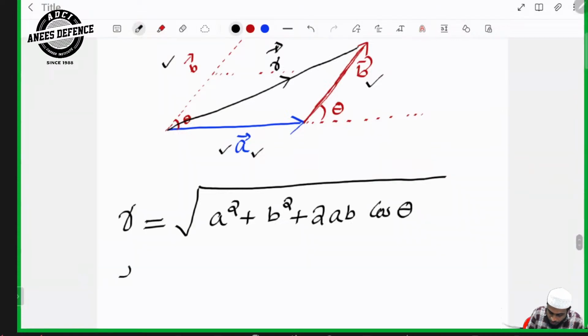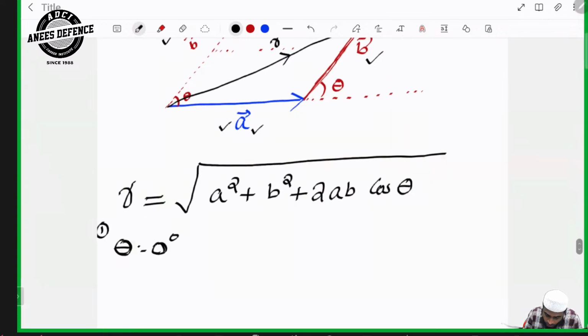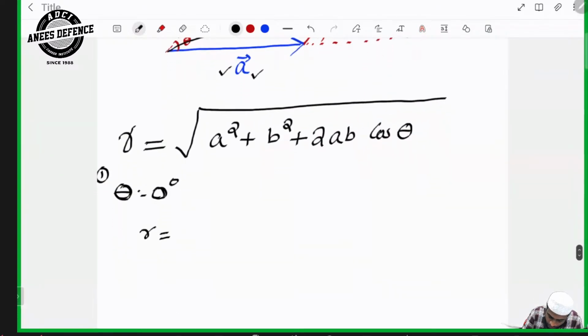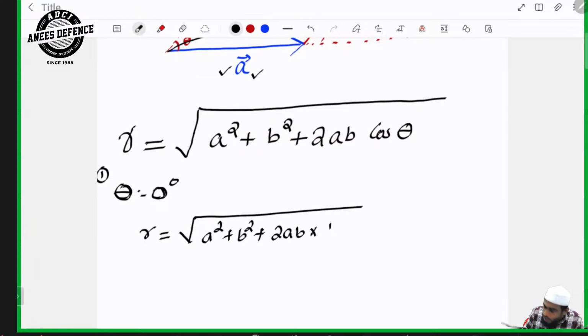Theta can be 0 degrees. That is one of the cases. If theta is 0, what is cos 0? 1. So if theta is 0, R can be represented as A square plus B square plus 2AB into 1.